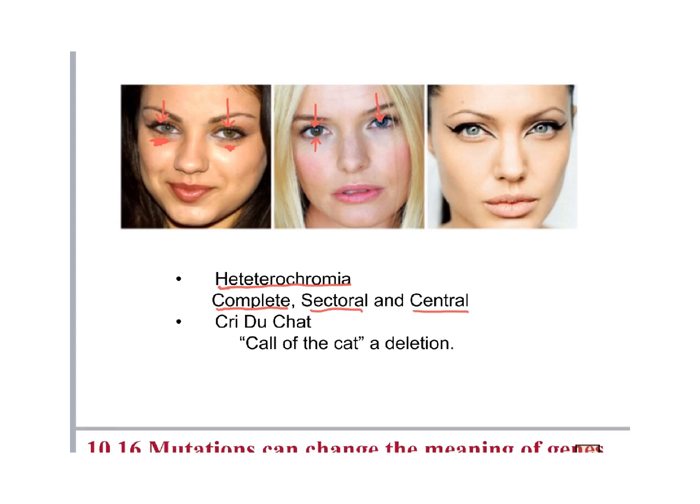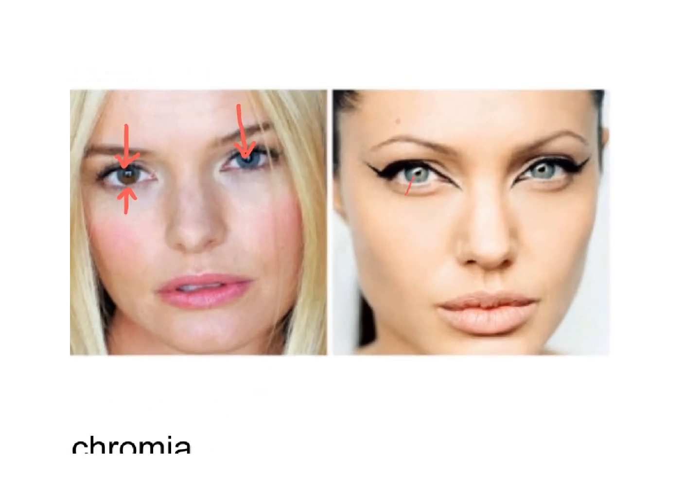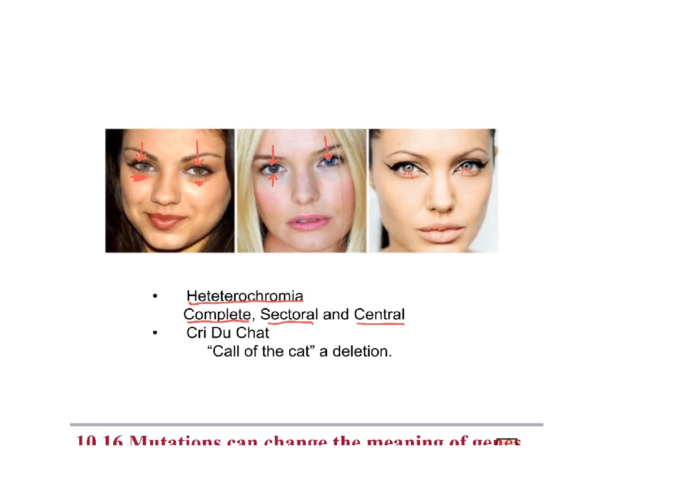And then Angelina Jolie has what we call central heterochromia, where this might be a little bit more difficult for you to see, but the area right around the pupil is more of a yellowish color, whereas the area a little further around the perimeter is more of a bluish color. That's called central heterochromia. There's another type of deletion mutation called cri du chat, but you guys don't need to know about that. That's something I would normally explain if we were in class.